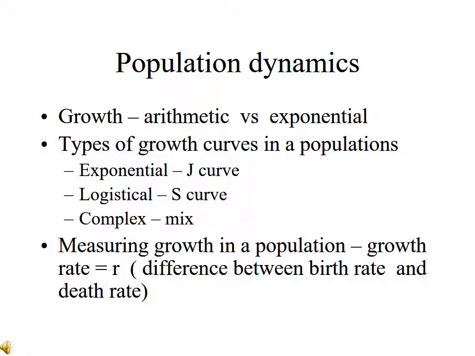We have different types of growth curves in a population. The J curve, the S curve, mixed curve. We also need to understand that when we measure the population, we're going to be looking at the growth rate, which is basically the difference between birth rate and death rate.